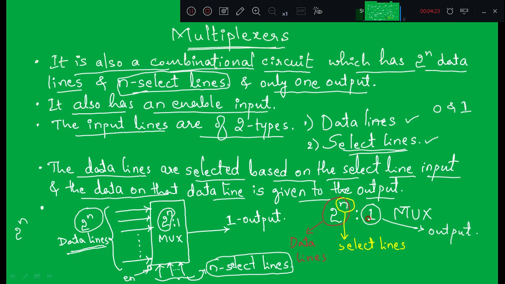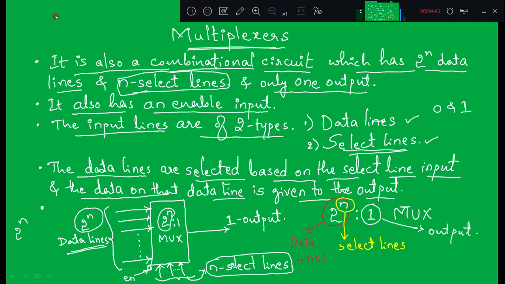I have only one output. For that reason, only one data line needs to be selected based on the select line, and that data will be given to the output. Now how do we write this multiplexer?